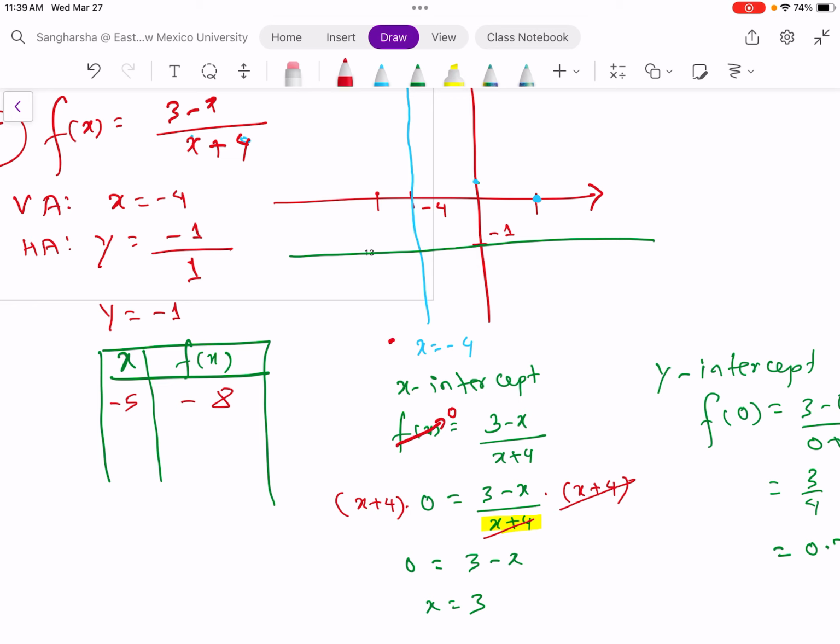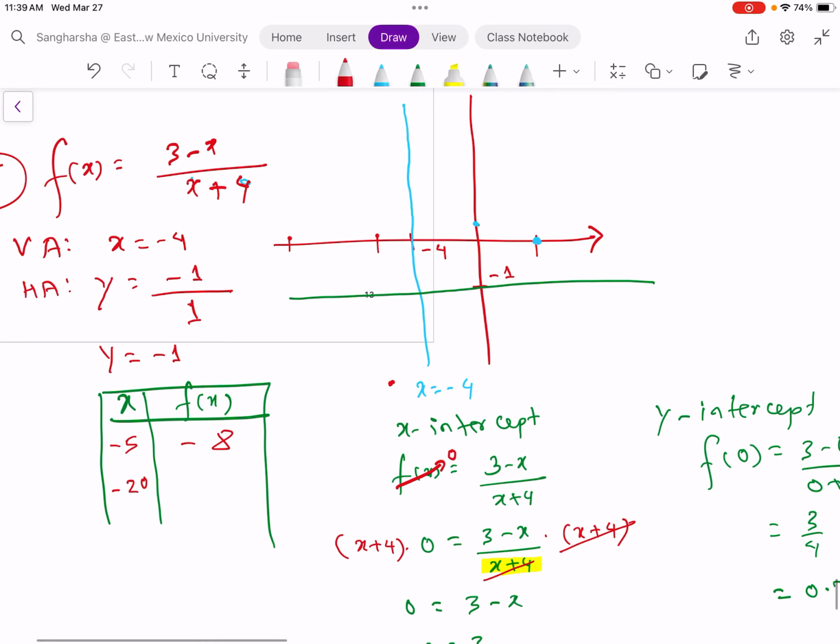Okay. Now let me choose some smaller number here, like -20. So if x is -20, we have 3 minus -20, that is 23, divided by -20 plus 4. So we have 23 divided by -16.